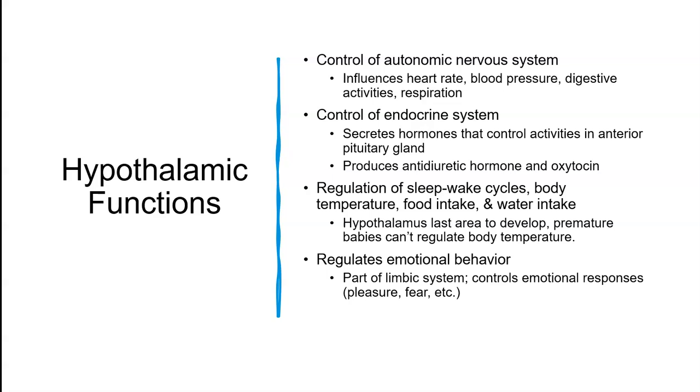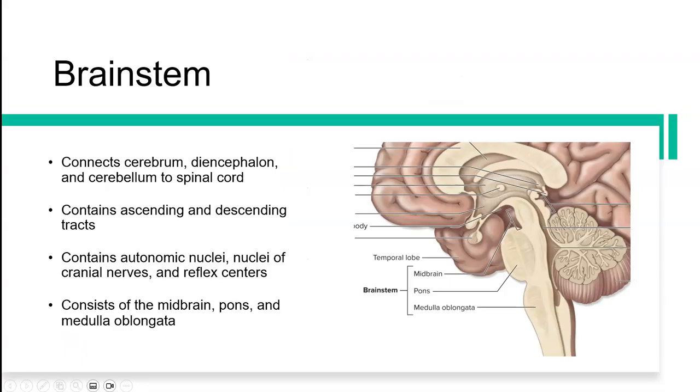In addition to everything else, it helps to regulate emotional behavior. As a part of the limbic system, it controls emotional responses. Now, the hypothalamus is the last brain area to develop in a baby, so premature babies can't regulate their body temperature well, so that's why we keep them wrapped up in blankets.